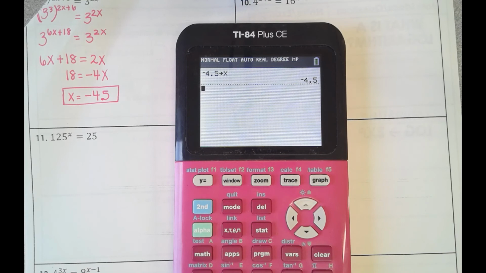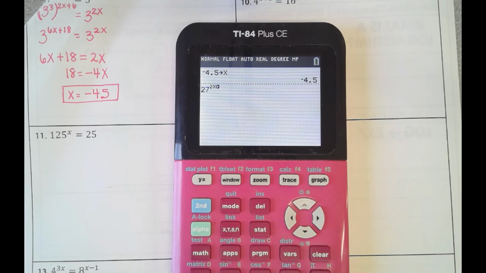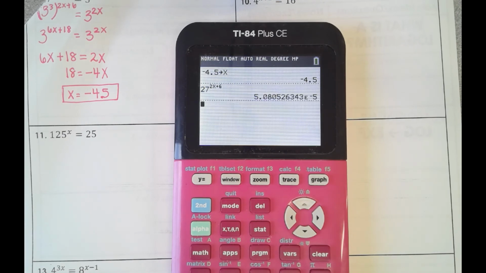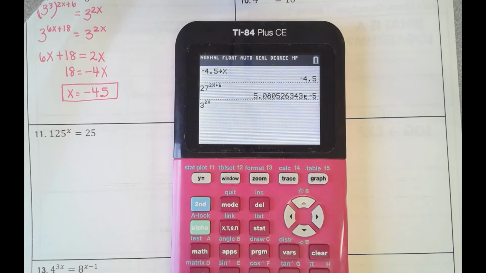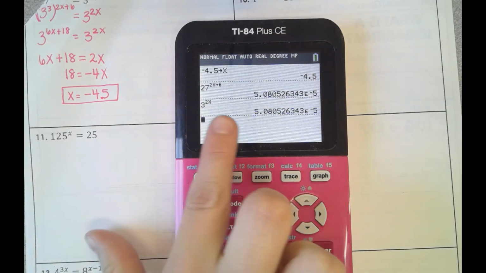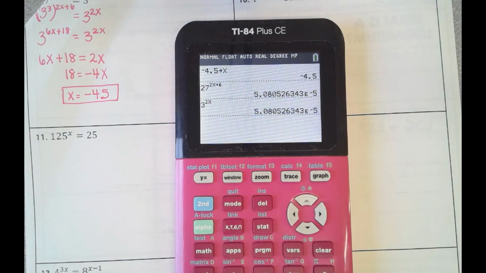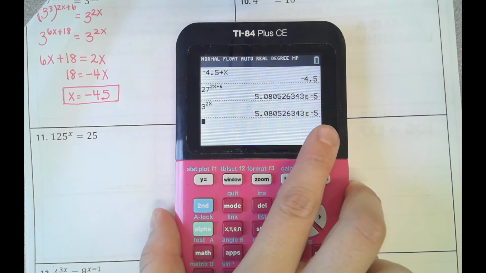Sorry, I did it backwards. All right. Then we can type in 27 to the 2x plus 6 and 3 to the 2x. It doesn't really matter what you get as long as they're the same. And those are essentially both 0, not 5.1, because of that E.